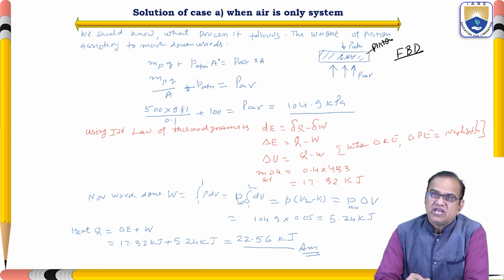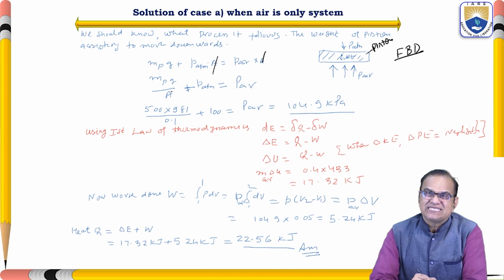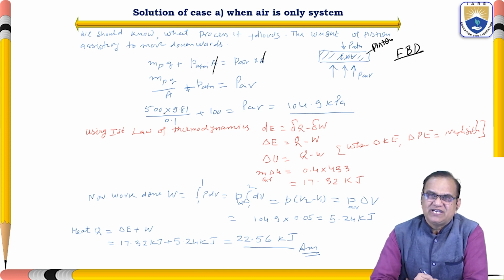Now if you divide by area, A goes out. So MPG by A plus P atmosphere is equal to P air. MP is given as 50 times 9.81, and area is 0.1. P atmosphere is given as 100 kilopascal.